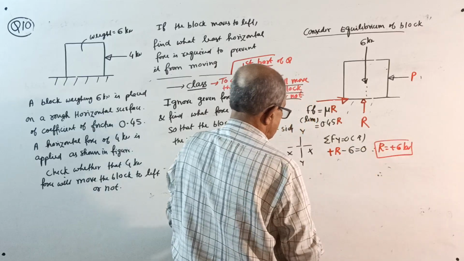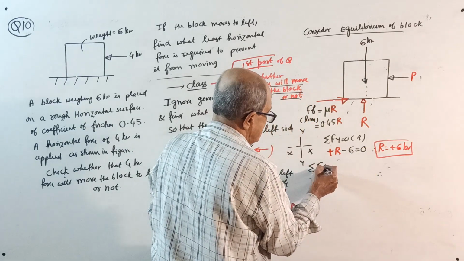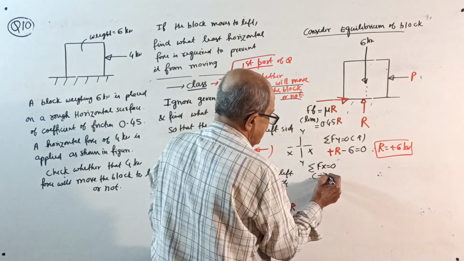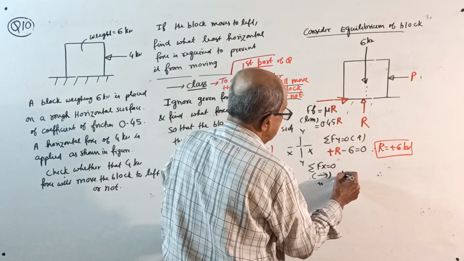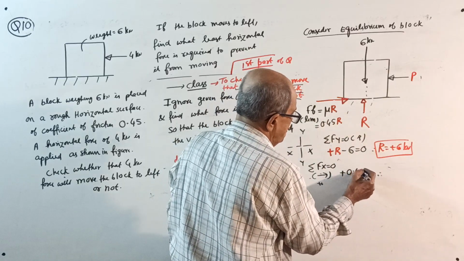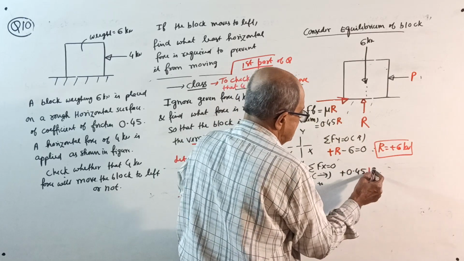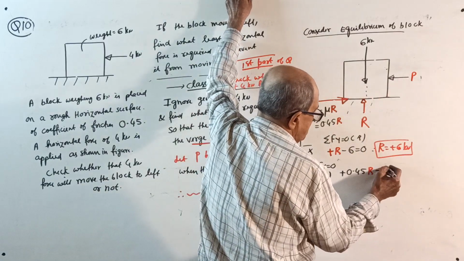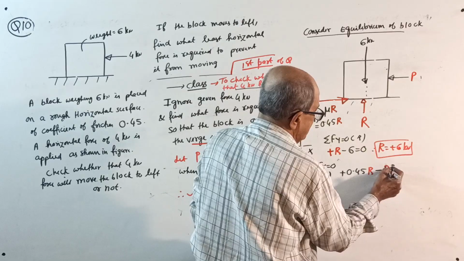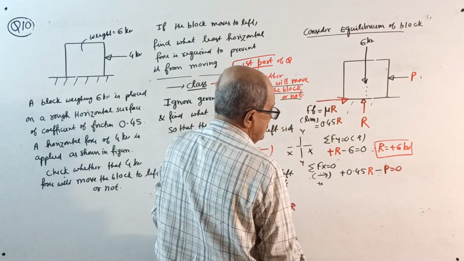Then sigma Fx equal to 0, take right side positive. You get plus 0.45 into R, then minus P, which is unknown now, equal to 0.